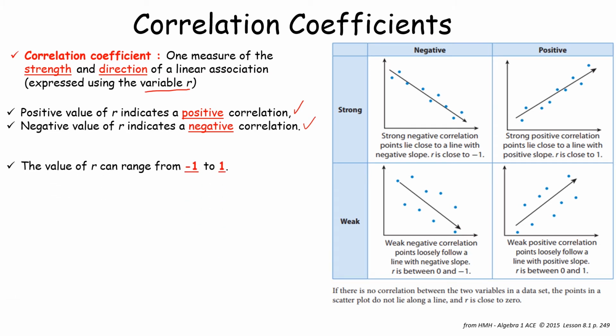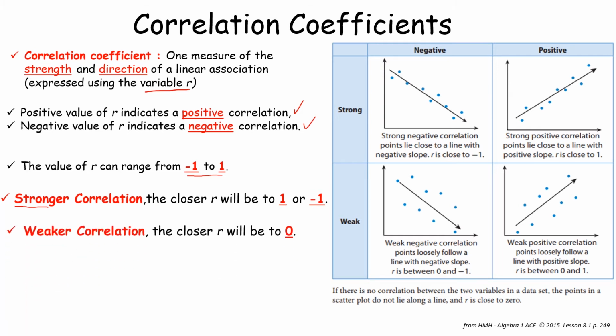Also, the value of r ranges from -1 to +1. So the lowest would be at -1, the highest would be at +1. The stronger the correlation, the closer r is to 1 and -1. So strong correlation, your r value is close to 1 or -1. And then for a weaker correlation, your r will be closer to 0.